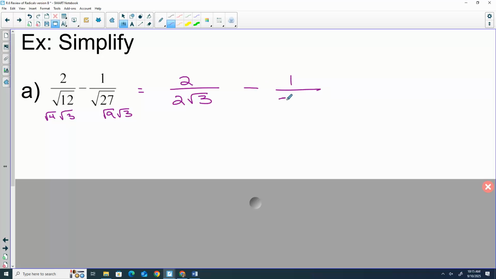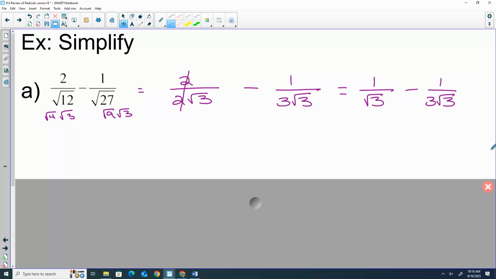Root of 9 is 3, radical 3. What do you notice in the first fraction? We can divide by 2. We drop those 2's out. So I have 1 over the square root of 3 minus 1 over 3 squared.